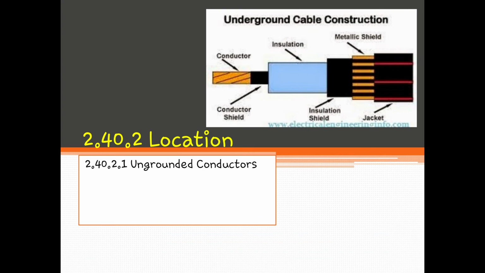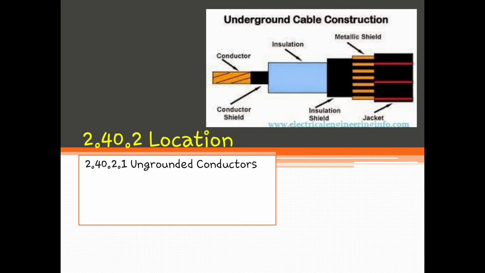Under 2.40.2 is the location, the underground conductors. So above is the picture of underground cable construction. So mao ni siya ang conductor shield, kani ang insulation shield, metallic shield, and jacket.